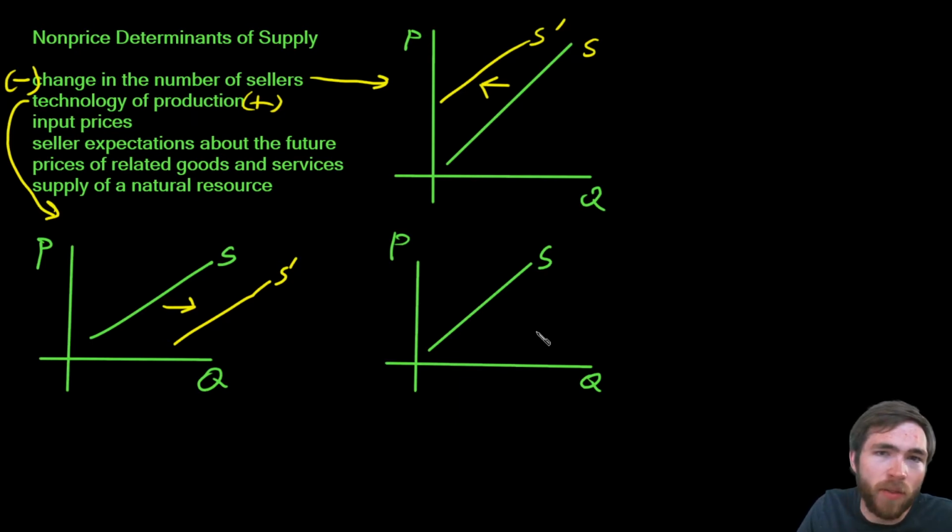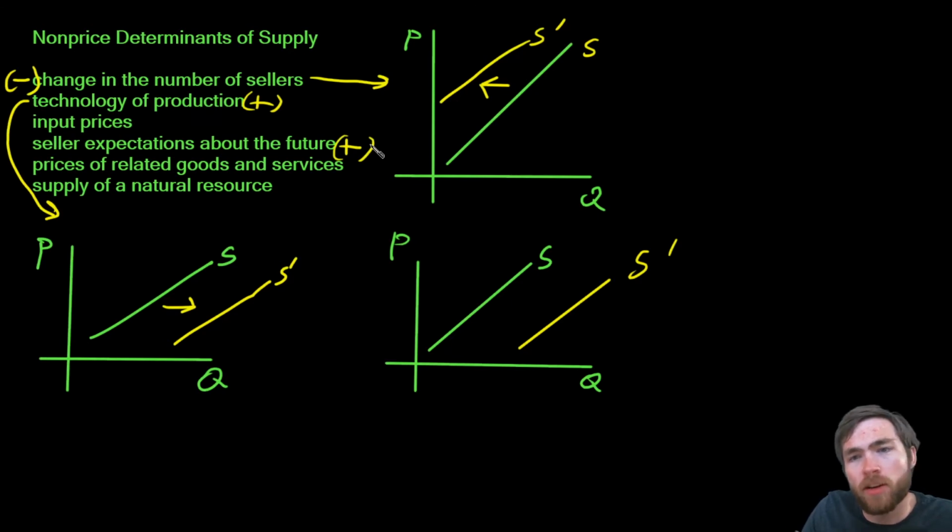So as a result, they may increase production of bikes and be willing to supply many more bikes to the market. And so these are all different ways that the supply curve can be shifted around by non-price determinants of supply.